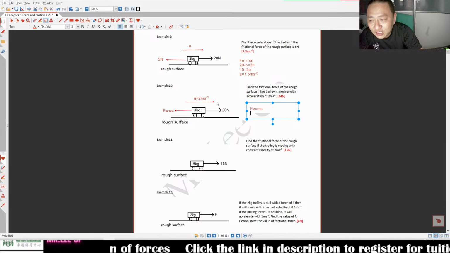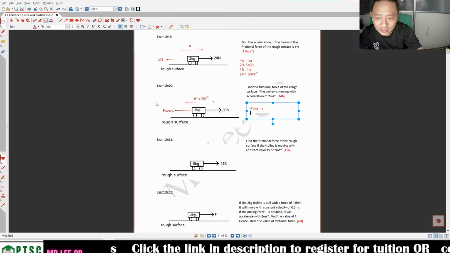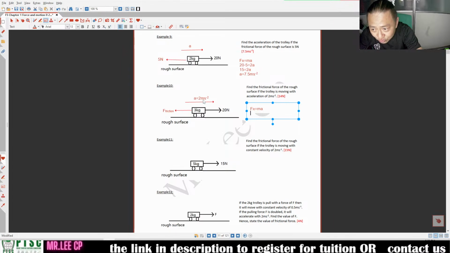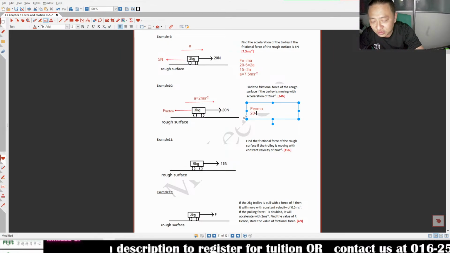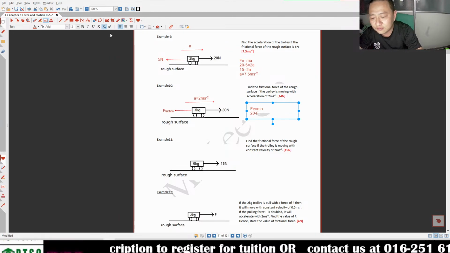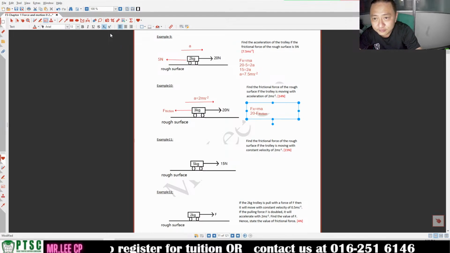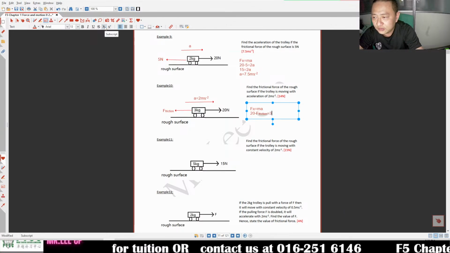The bigger force will be 20. If the frictional force were too big, it would not move. So it moves because the 20 is bigger. 20 minus friction is equal to ma.